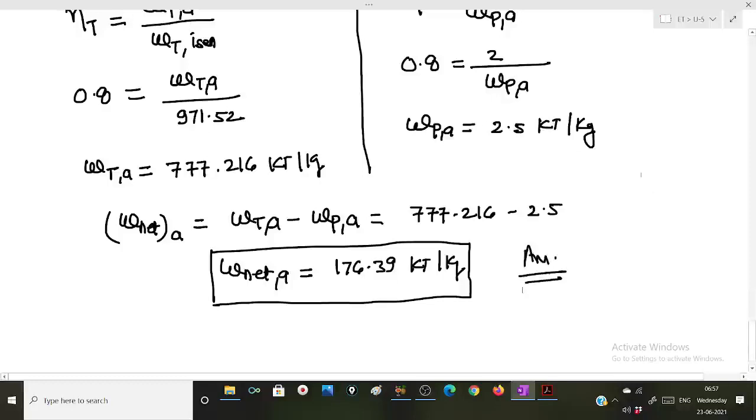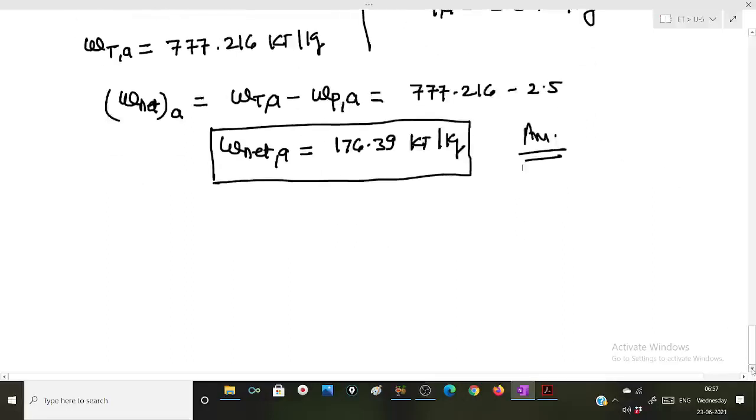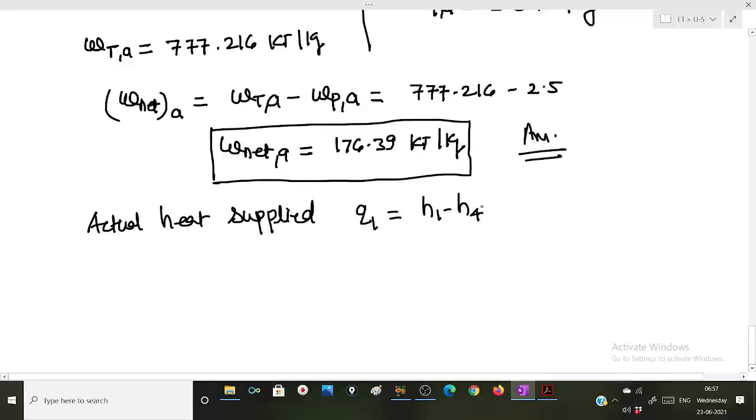Now I have to calculate actual heat supplied during the process. And actual heat supplied Q1 will be H1 minus H4 dash kilojoule per kg. So here H4 dash I am supposed to calculate.